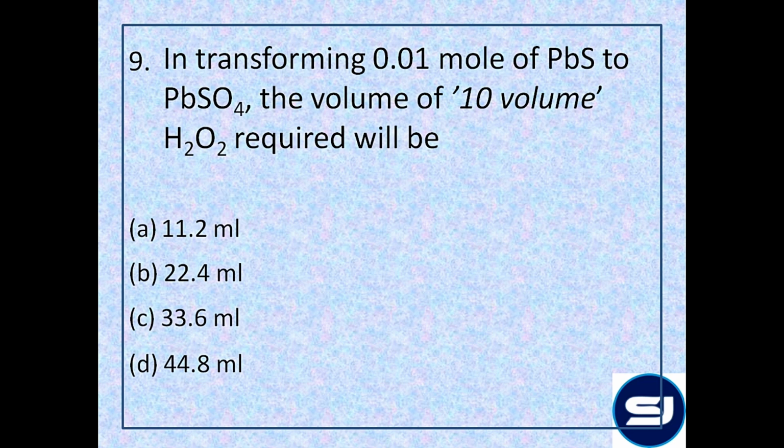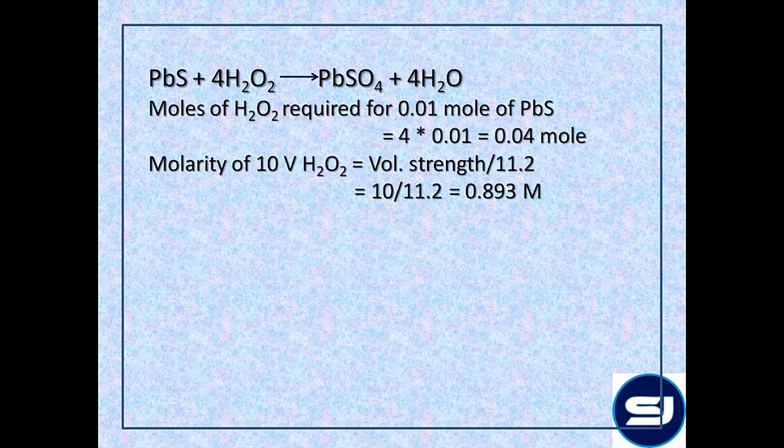Let's look at the solution. Firstly, PbS reacts with H₂O₂ to form PbSO4 and peroxide reduces to H₂O. The reaction is 1 mole of PbS reacts with 4 moles of H₂O₂ to form 1 mole of PbSO4 and 4 moles of H₂O.